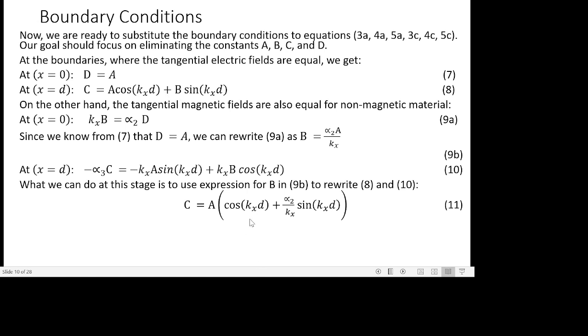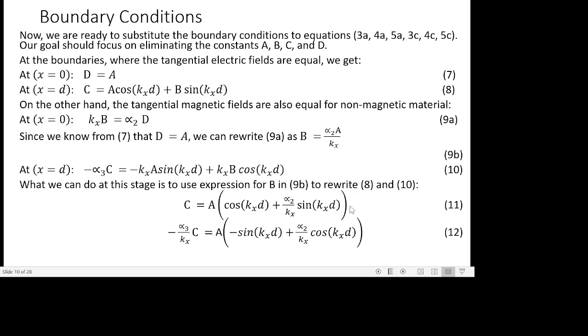And if we substitute the expression for b into equation 10, which is the equation for the tangential magnetic field for the upper boundary, we are going to get this.